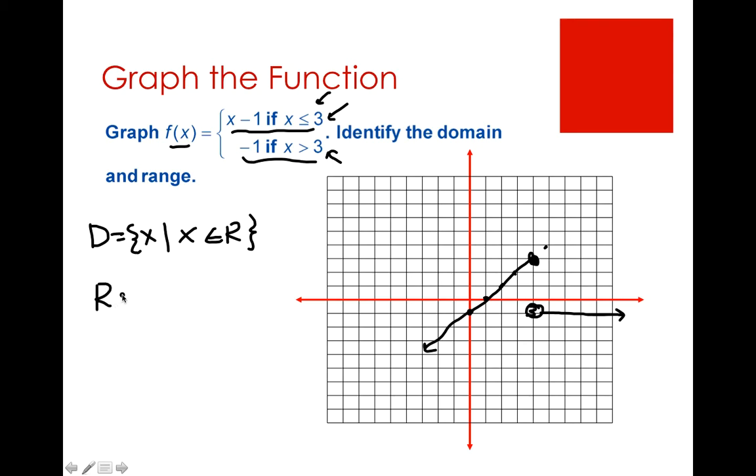And the range values are such that when I graph this, the maximum range value I'm going to get is 3, and then I'll have all the range values below it. So I'm going to say y is less than or equal to 3. This line right here is part of less than or equal to 3.